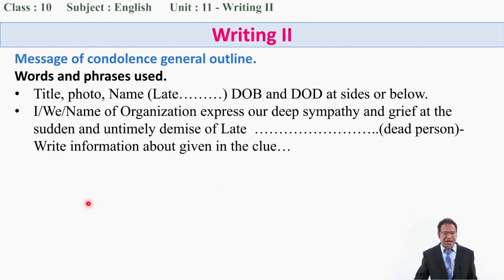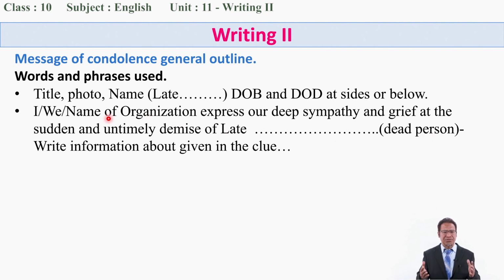Then you say "I" if you are expressing yourself, "we" if you are expressing together, or if you are expressing as an organization, you write the name of the organization. For example, "I express our deep sympathy and grief at the sudden and untimely demise of" someone. You have to write the dead person's name. So this is what you have to remember.